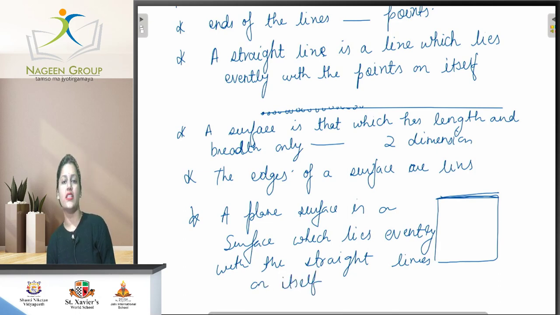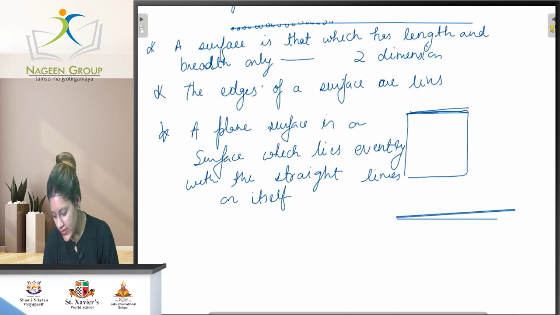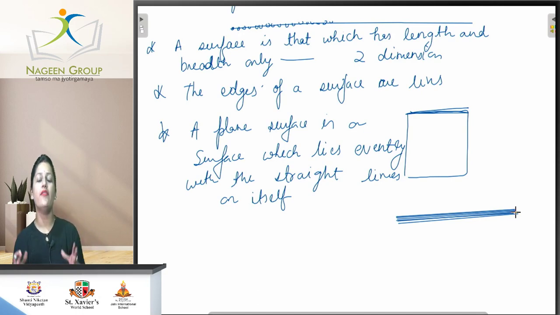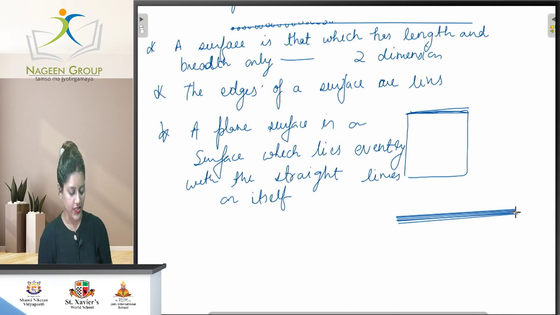It only wants to tell you that if some straight lines join each other with a very small distance between them, then they form a plane. I hope you are understanding what I am drawing here. What is made? It makes a plane. So the definition is that a plane is made when straight lines are drawn joining each other, having a very small distance between them. These all together make a plane surface.